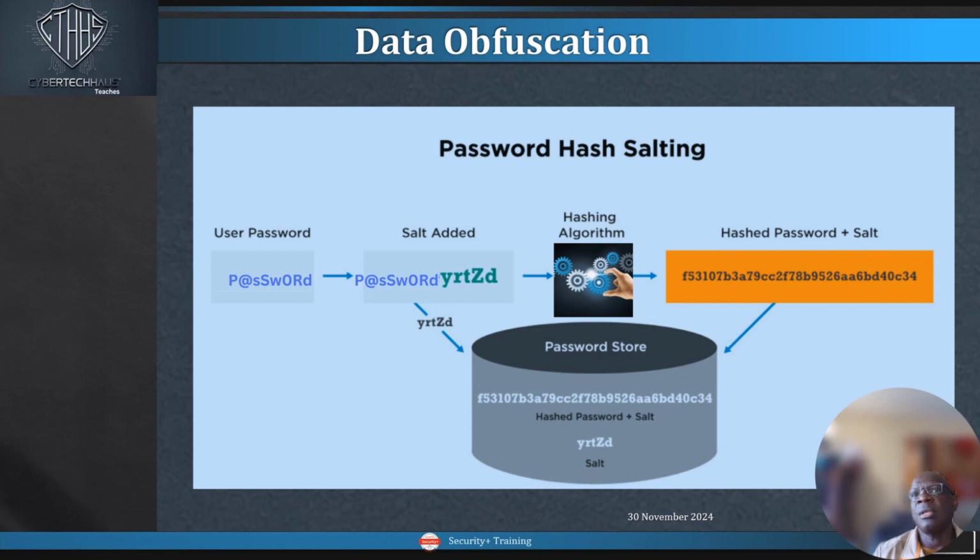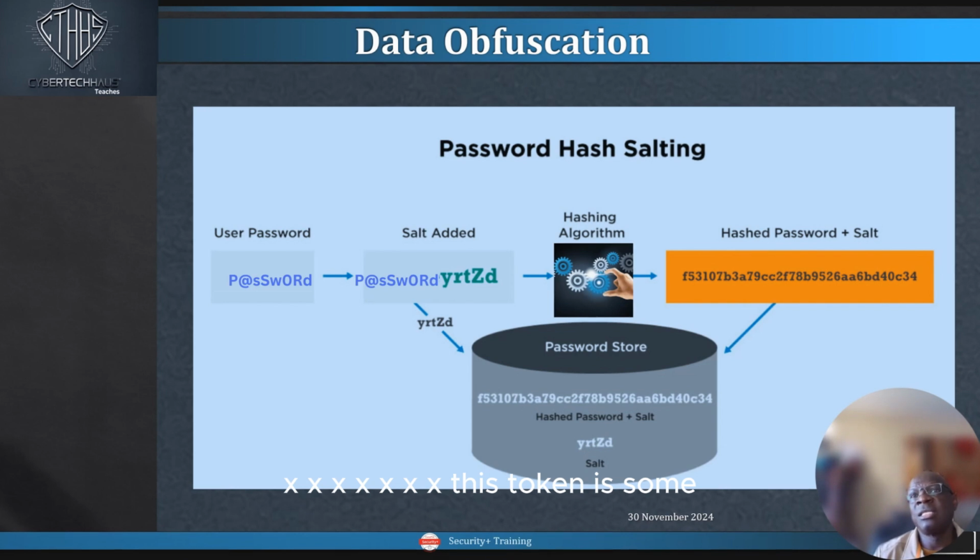Tokenization. Tokenization is like giving data a placeholder or a substitute. Imagine you're protecting credit card numbers. Instead of storing the card number, replace it with a random token like 12345678 XXXXXXX.